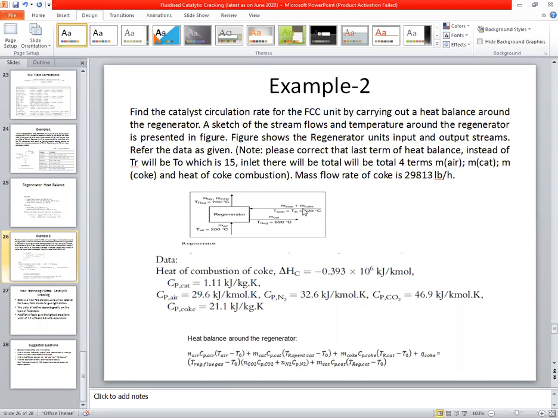Another term: spent catalyst from the reactor enters the regenerator.